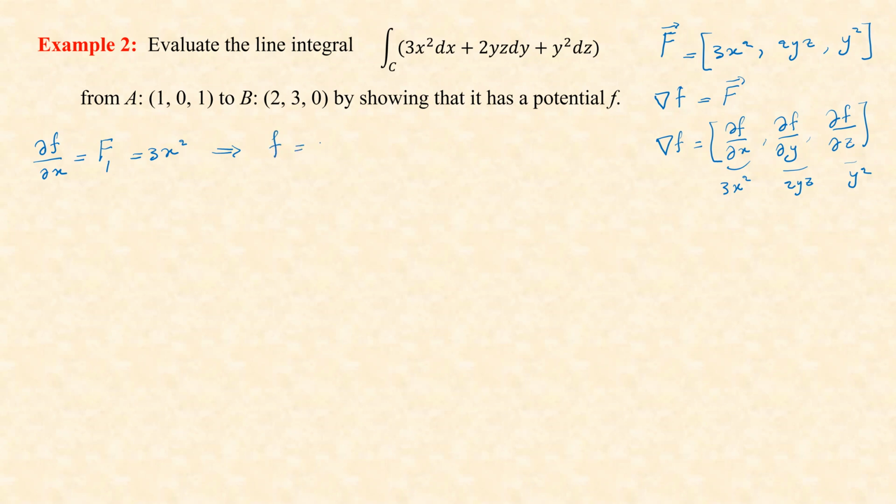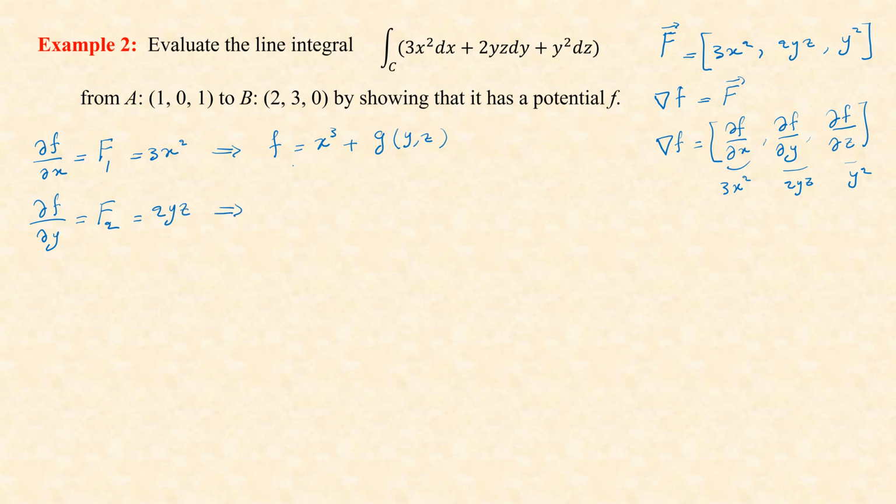Therefore, now we can solve for f. f should be now x cubed plus a constant, right? But the constant as far as x is concerned. It can be a function of y and z. So we call it a function g of y and z. But then we say, okay, we also have derivative of f with respect to y should be equal to f2, which is equal to 2yz, right?